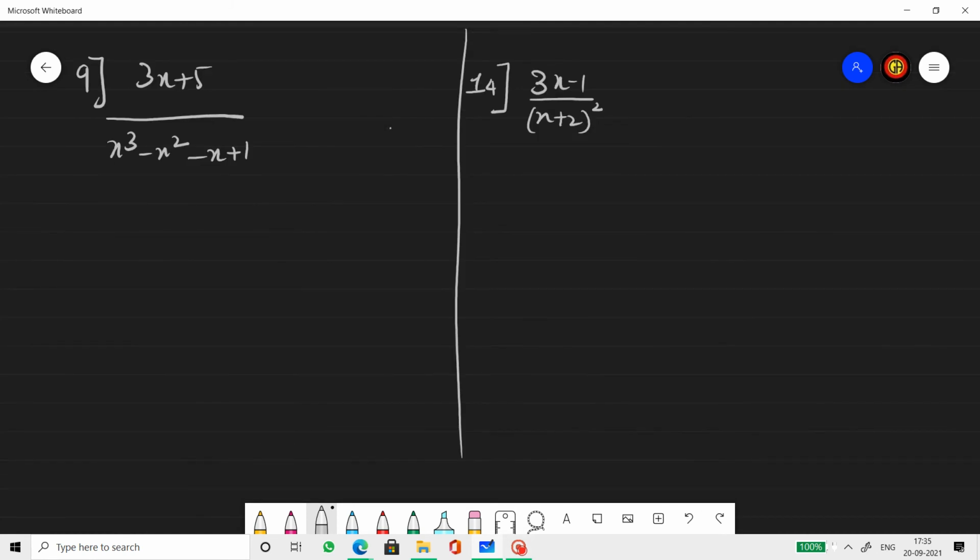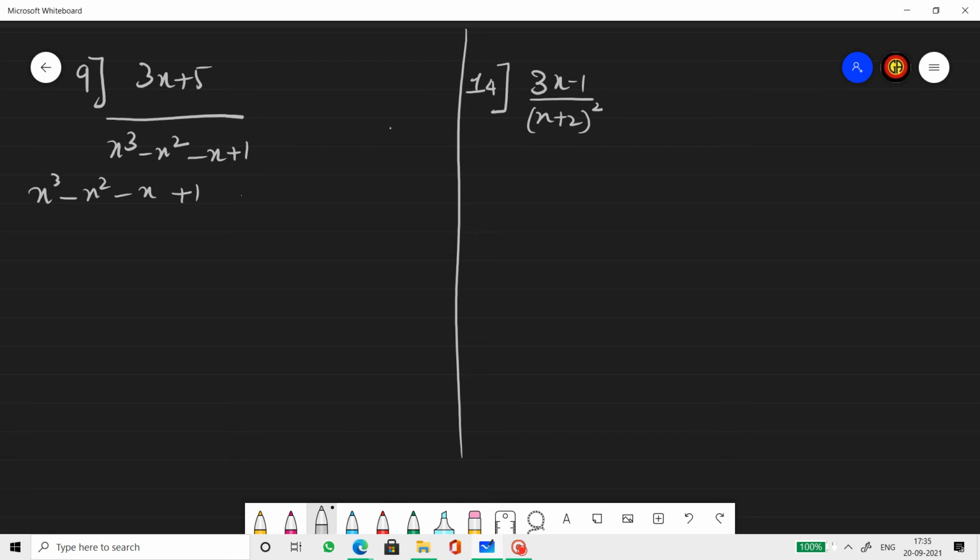So next is question number 9, same pattern. X cube, well, if you see, the denominator is not in the grouped form. So let's group them and get them in the simplest form. I'm considering only the denominator, which is x cube minus x square minus x plus 1.